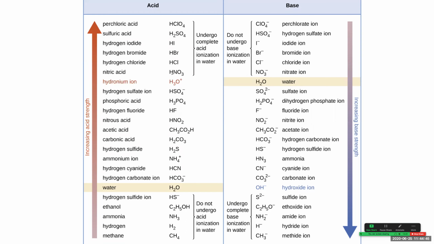The reason you know that is because if you put one of these acids in water, it forms hydronium ion. Remember, what makes an acid is losing a proton. The equilibrium favors forming the hydronium ion rather than forming one of these other acids.